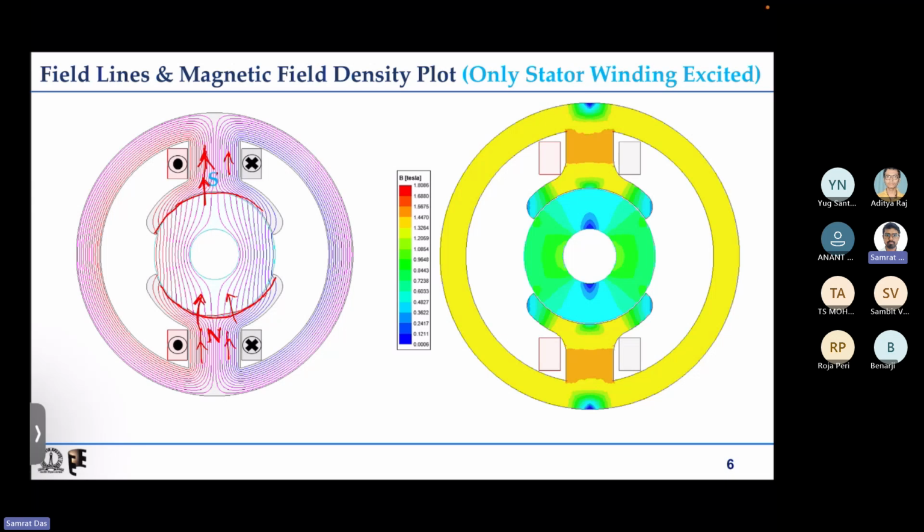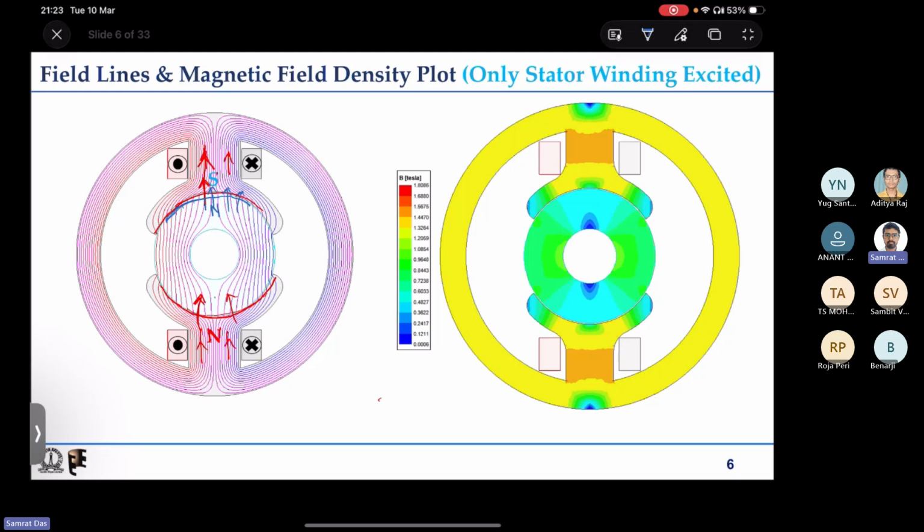So on the rotor, this is the surface. So flux lines are coming out from this surface, the rotor surface. That is why we will have north pole on the rotor top side, and south pole, because flux lines are going into the rotor surface.